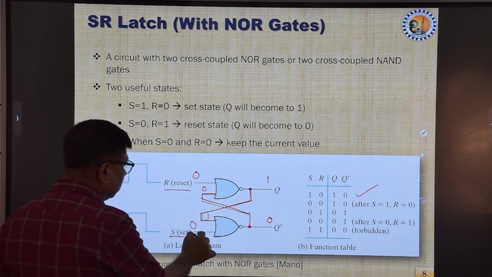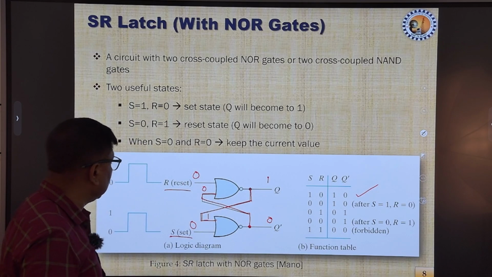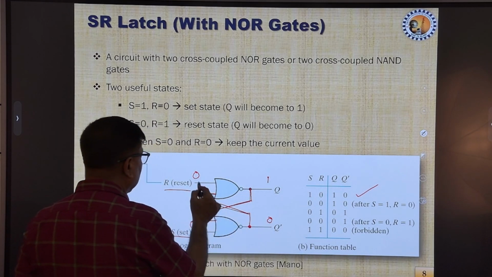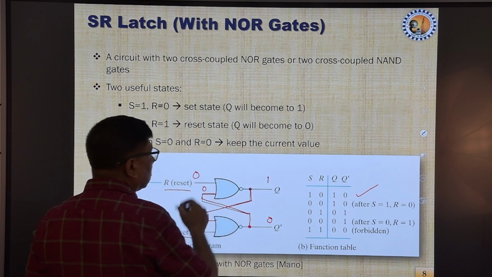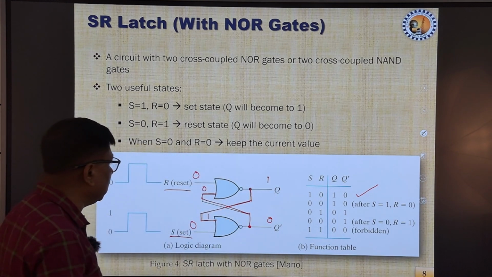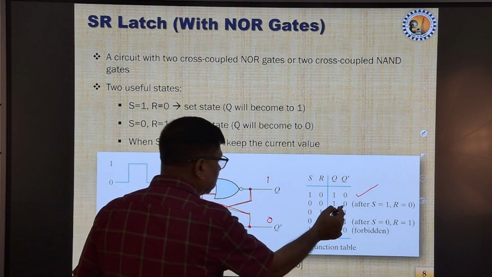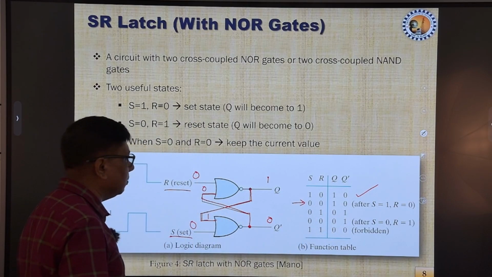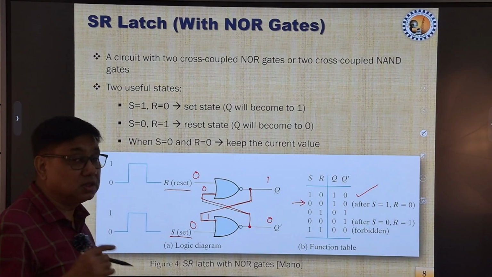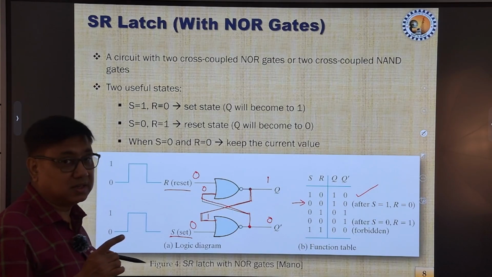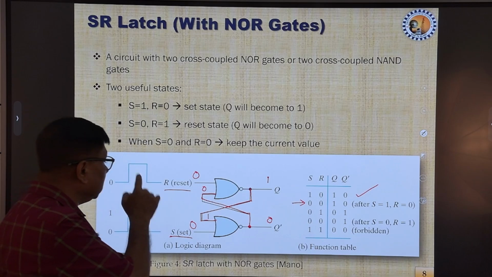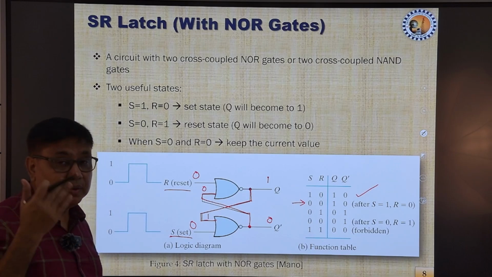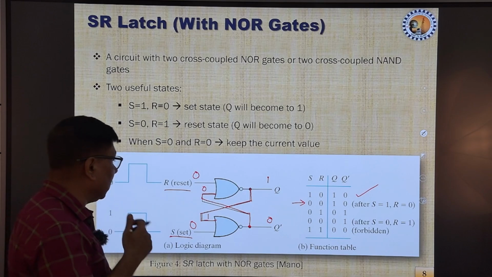So one of the inputs of this NOR gate is 1, which makes the output 0, and this 0 and this 0 will make the NOR gate output 1. So Q is 1 and Q bar is 0. That means when we have applied this condition at the input, the output has not changed from its previous state. That is why this situation is called no change or previous state of the NOR latch.